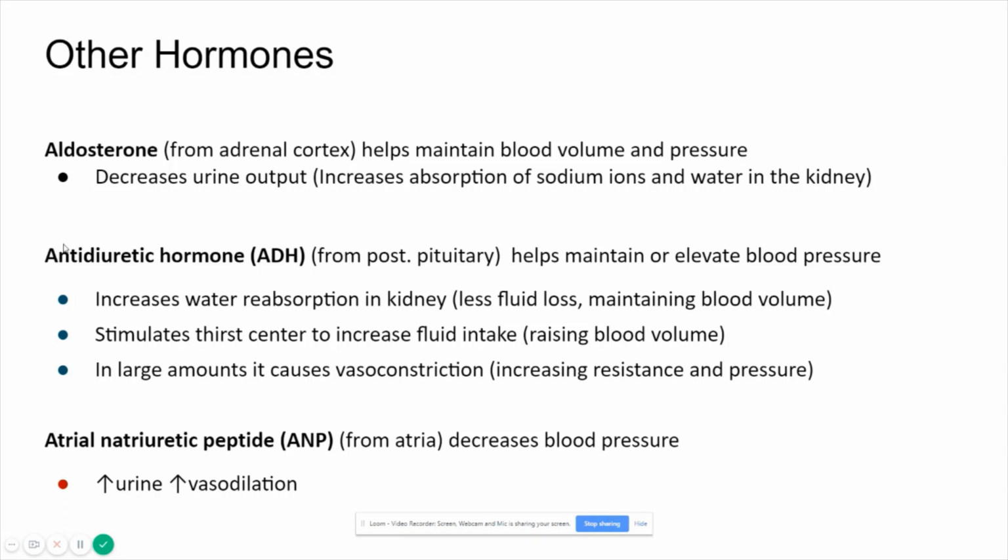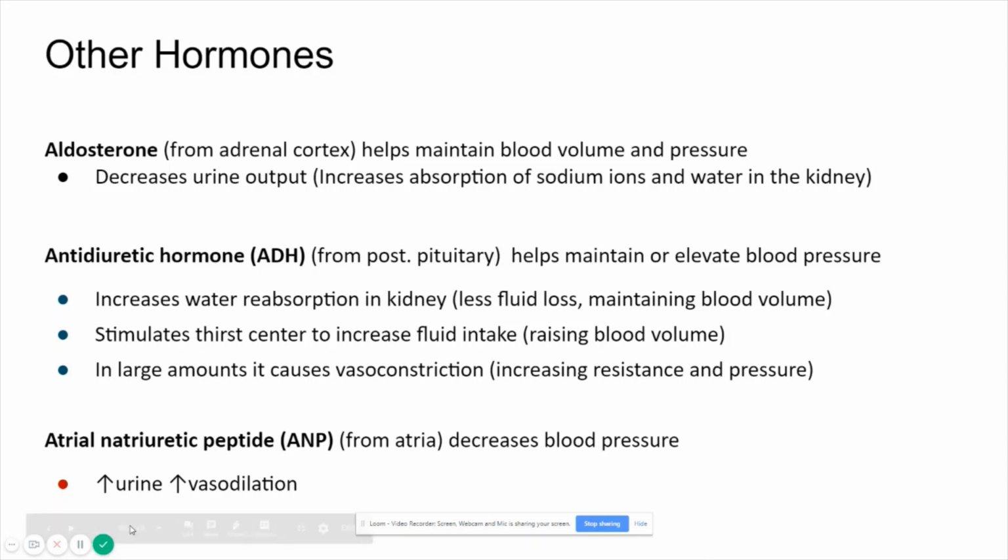It's not so different for the antidiuretic hormone, or ADH, which you may also remember is produced and released from the posterior pituitary, and is also maintaining or elevating blood pressure. It's increasing your water reabsorption in the kidneys, which means you're going to pee out less of that fluid. It stimulates the thirst center, and in large doses, it can cause vasoconstriction.